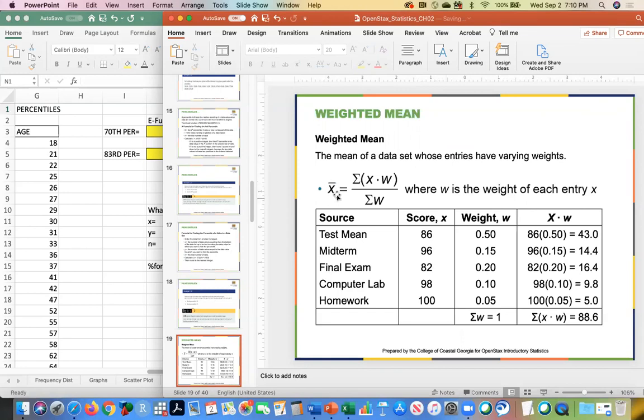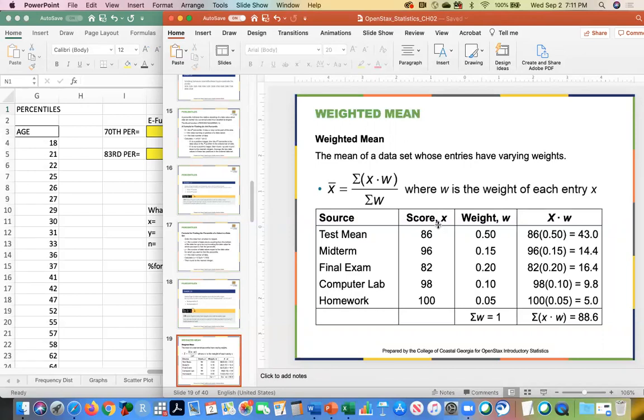So this is the sample mean, which is gonna be the summatory of all the observations, in this case the score, times the weight, divided by the summatory of the weights. In many cases, the summatory of the weights is always equal to 1 or 100%, right?